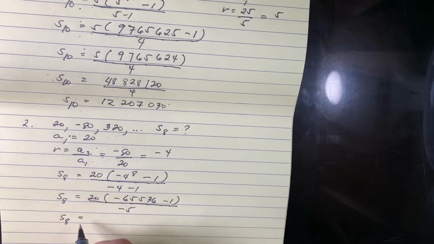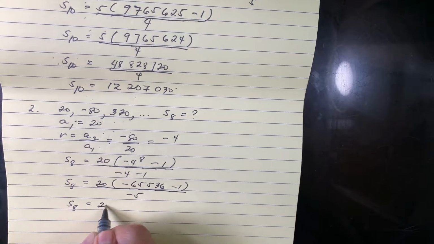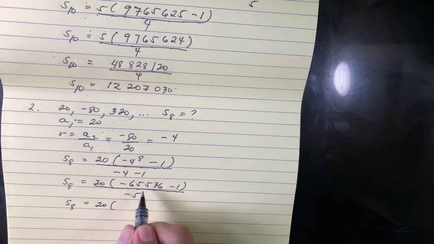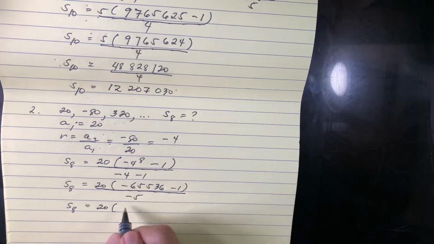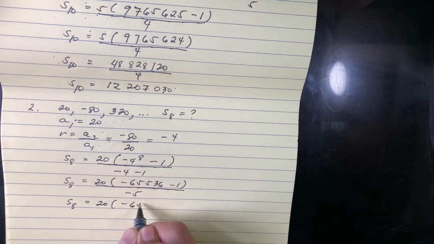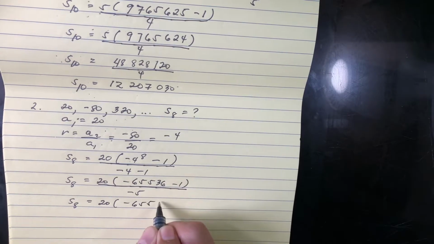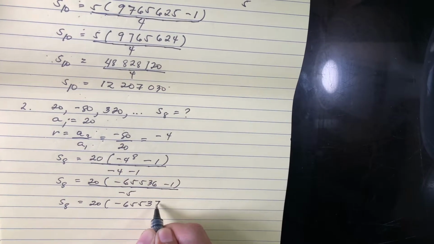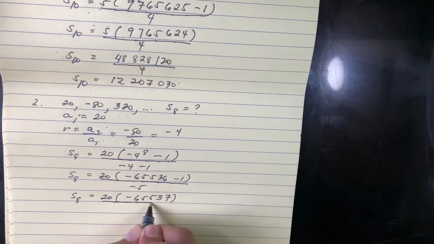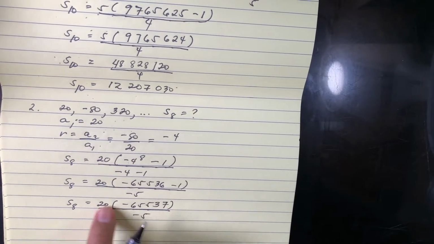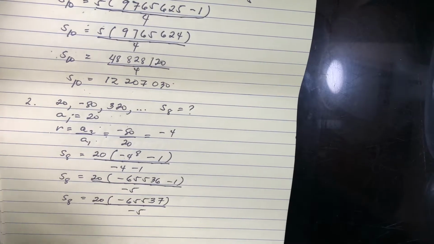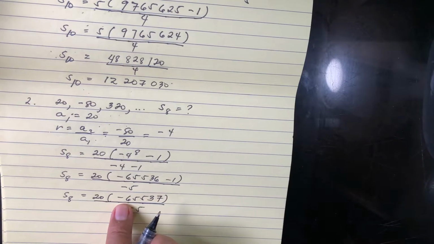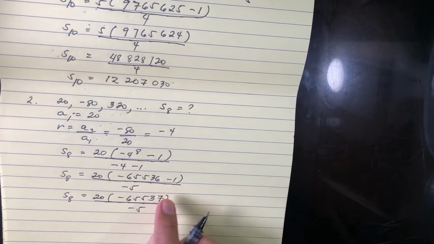Then S sub 8 is equal to 20 times the difference between this, 65,536 minus 1, which is 65,535. Divided by negative 5. So we are going to multiply now. We have to multiply 20 and 65,535.